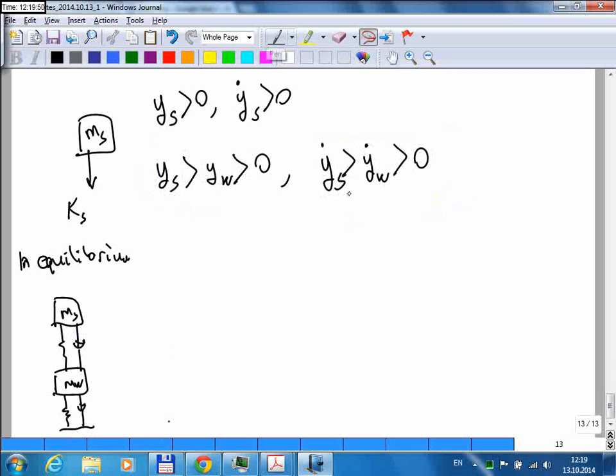The wheel has a position that is higher than the equilibrium position, right? So our reference is still the same. So yw is greater than 0. So what does that mean? yw is raised a little bit. So the wheel is raised. And ys is also greater than 0, but also it is greater than yw. So that means the car itself is also elevated, but the amount it's elevated is higher than this difference here.